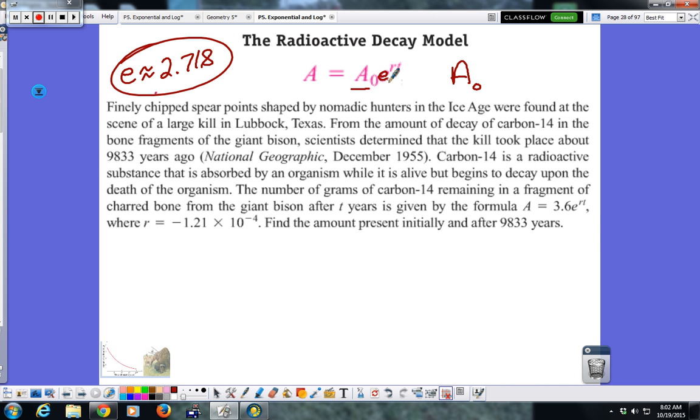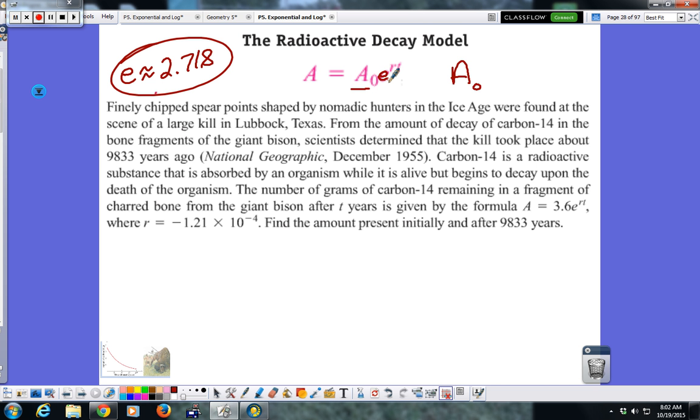Reading this problem, it says: finely chipped spear points shaped by nomadic hunters in the Ice Age were found at the scene of a large kill in Lubbock, Texas. From the amount of decay of carbon-14 in the bone fragments of the giant bison, scientists determined that the kill took place 9,833 years ago.